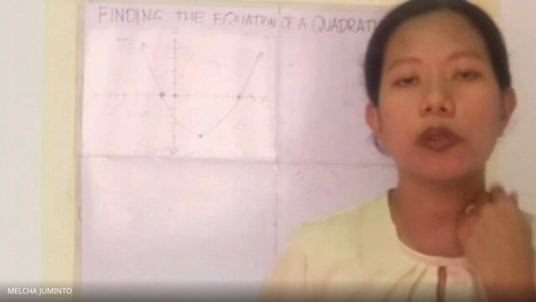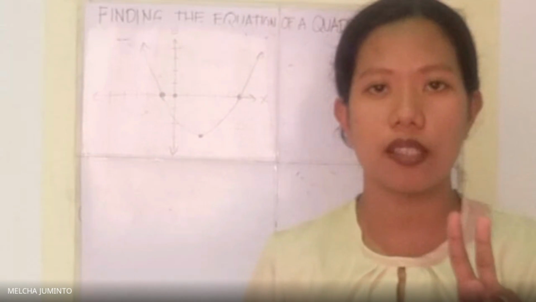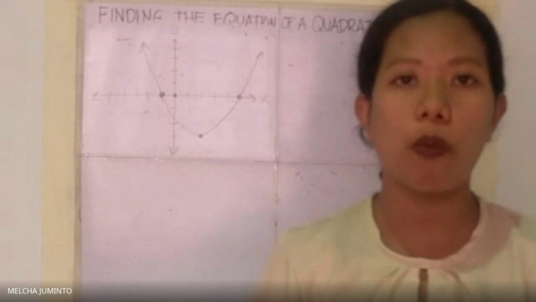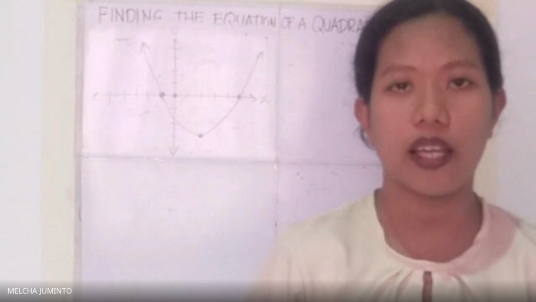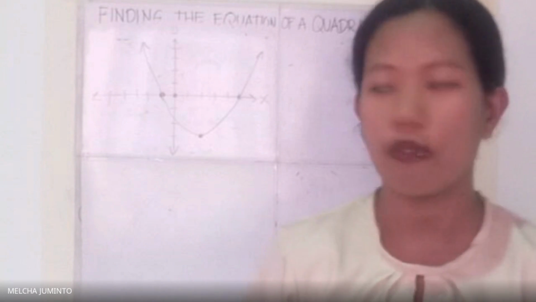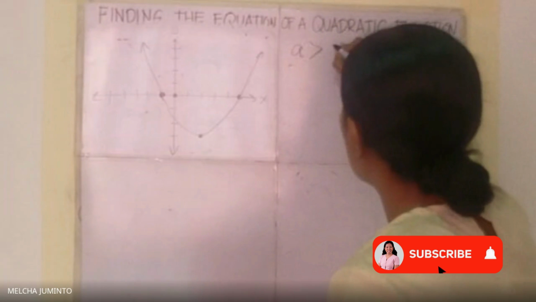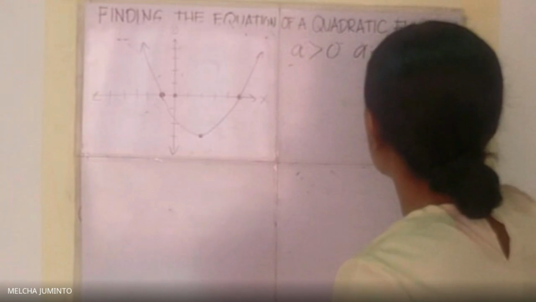A quadratic function only opens two ways, either upward or downward. In this case, obviously it opens upward, and from that alone, we can say that the value of a is positive. So a is greater than 0 because it opens upward.